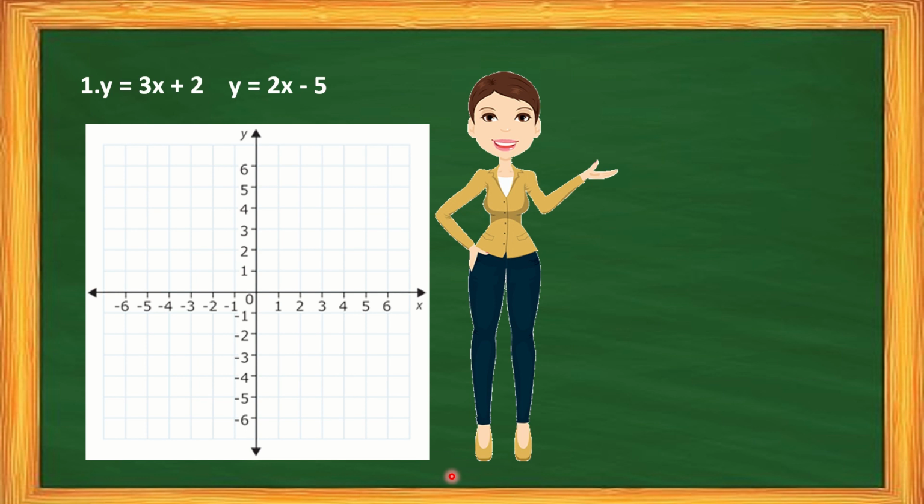We are going to use the slope and the intercept of the equation in order to sketch the graph of the line. In y equals 3x plus 2, our slope is 3 and our y-intercept is 2.